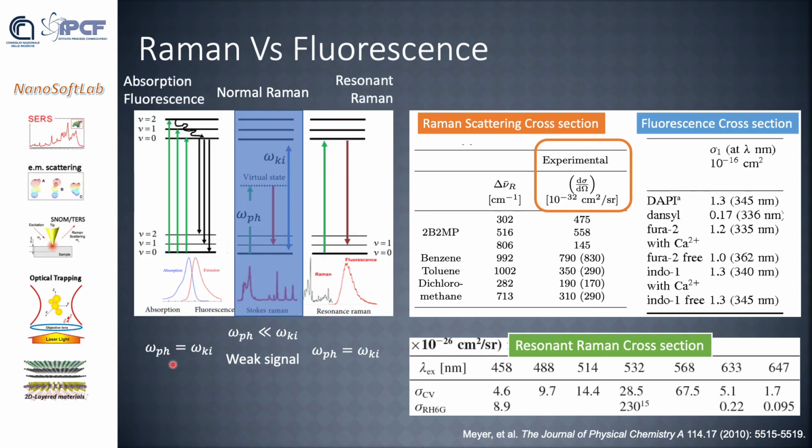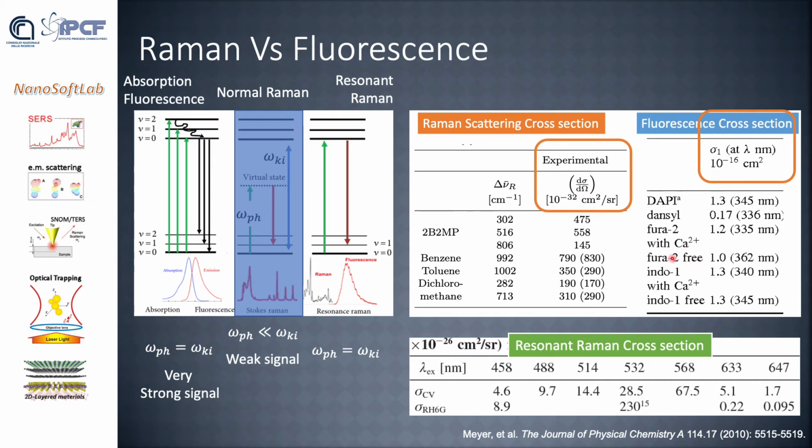Conversely, if the photon energy matches one of the absorption transitions, we will have two competing effects. The first one is the combination of absorption plus fluorescence, and the second one is the resonant Raman that we have discussed so far. Absorption and fluorescence are first-order transitions, so the cross-section is very high.